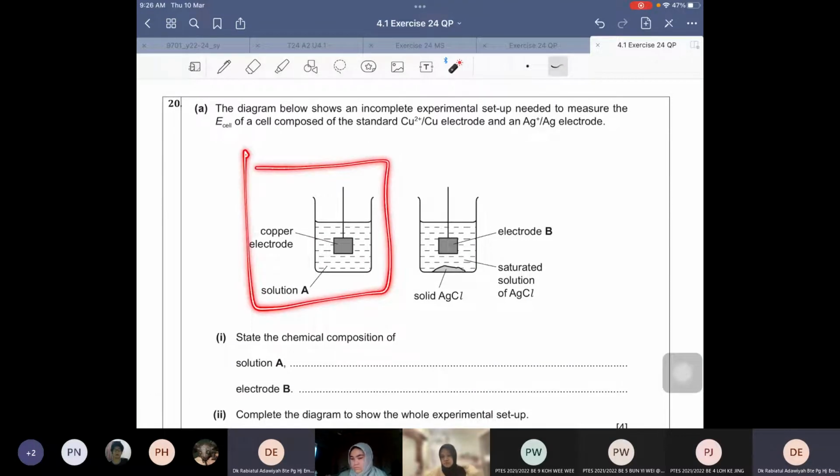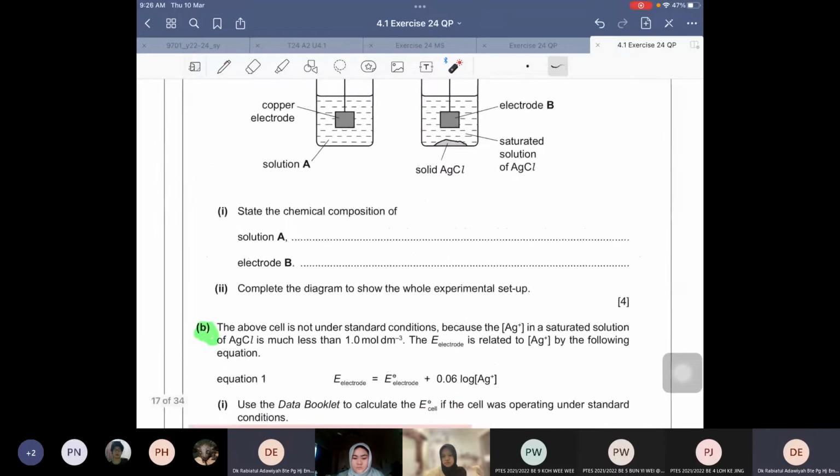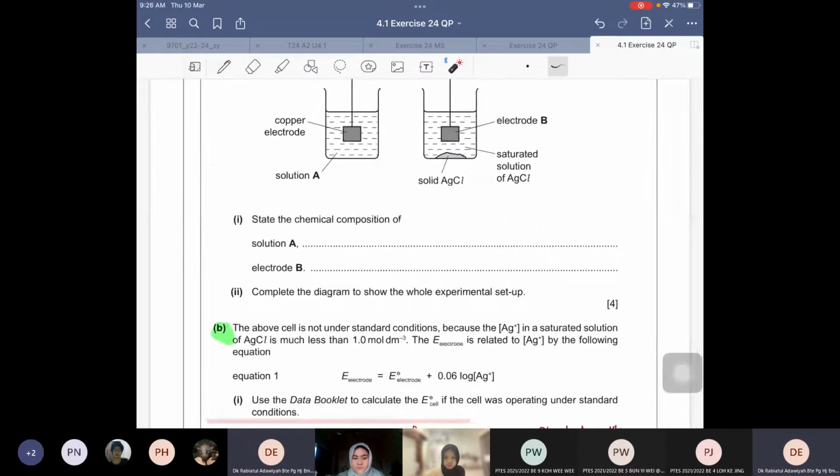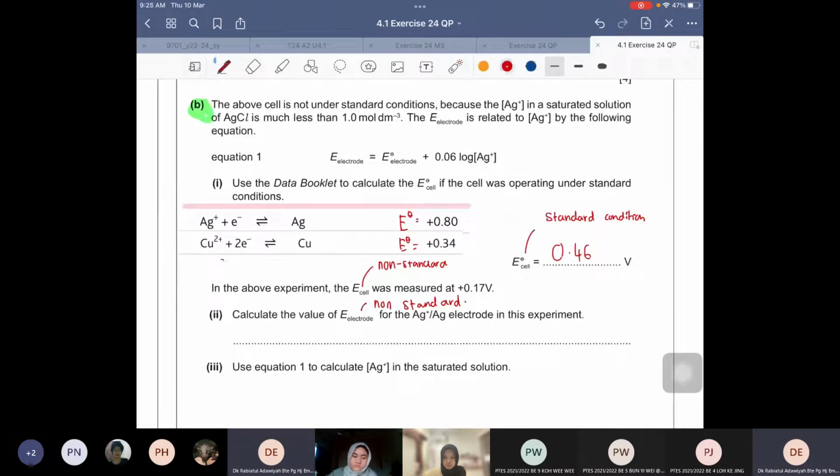The copper solution is under standard condition. It stays as 1 mole per dm cube. So we know the E cell is 0.17 volt, and the E cell calculation equals E reduction plus E oxidation.